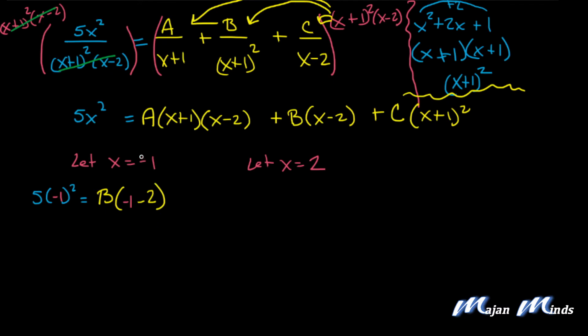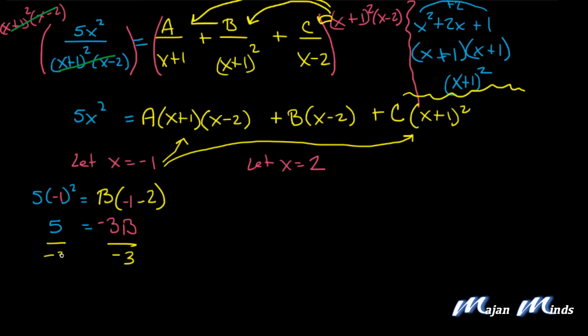Minus 1 squared is 1, times 5 is 5, and this is minus 3B. That's not very nice looking, but it looks like what it's supposed to be. So divide by minus 3 on both sides: B equals 5 over minus 3.